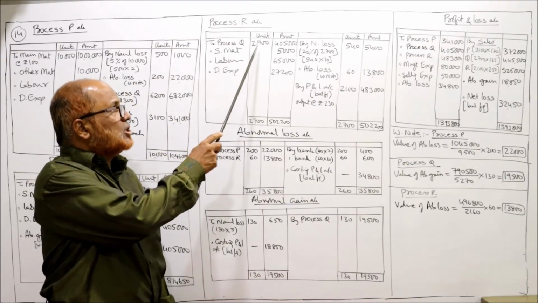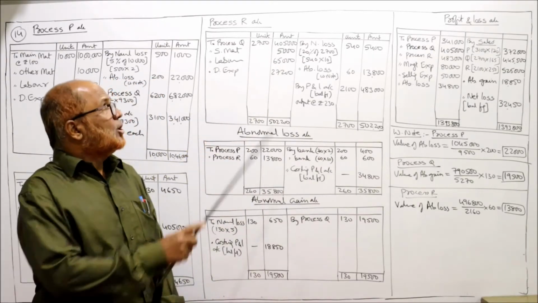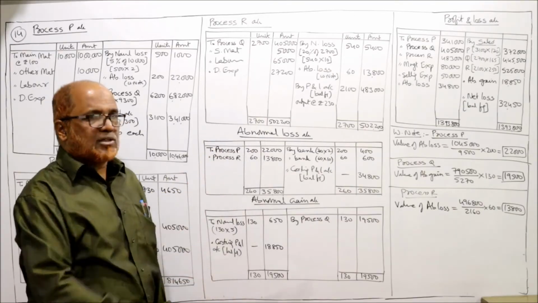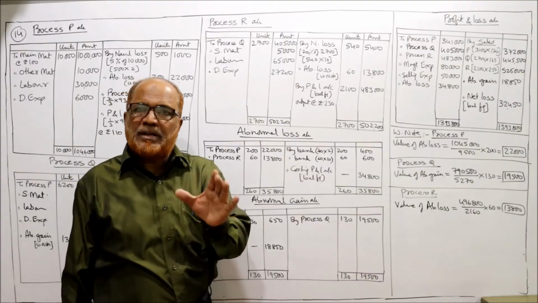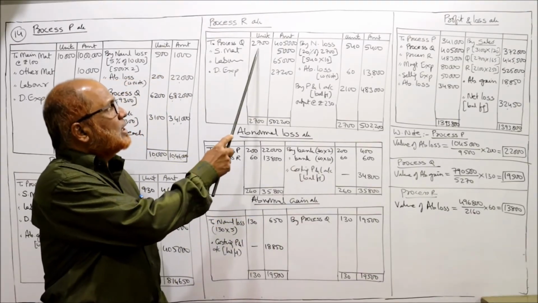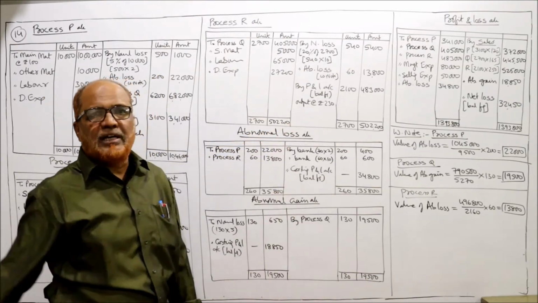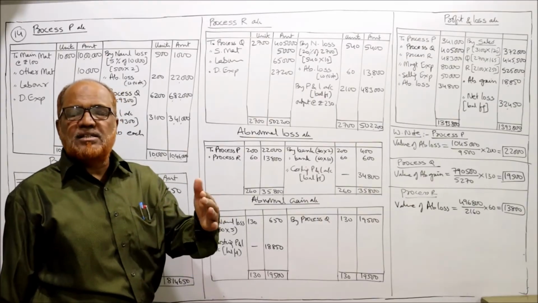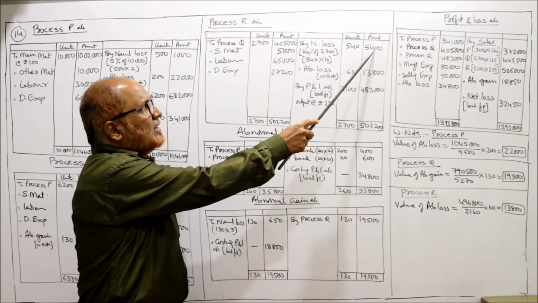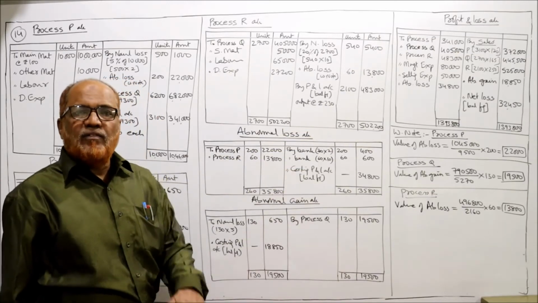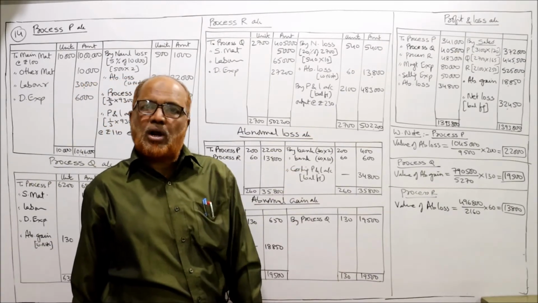Debit side, to process Q 2,700, 4,05,000, to sundry material, to labor, to direct expenses. Debit side completed. Now the credit side, by normal loss. 20% of input: 2,700 into 20% is 540 units. The sale price of the scrap is 10 rupees, so 540 into 10 is 5,400. Now we have to see whether there is abnormal loss or abnormal gain.